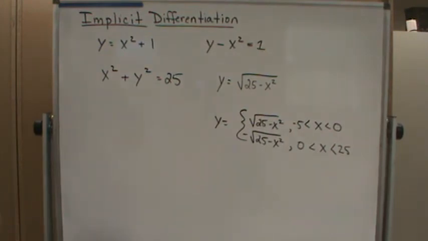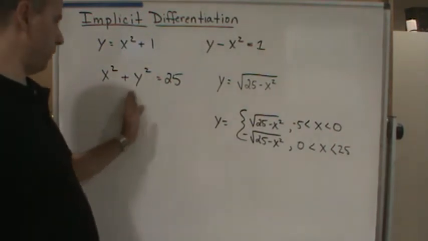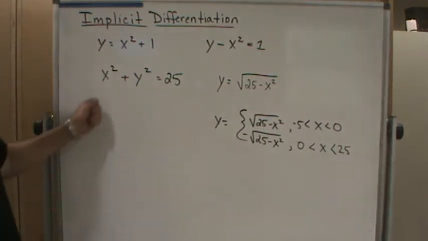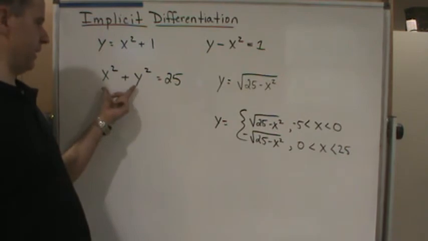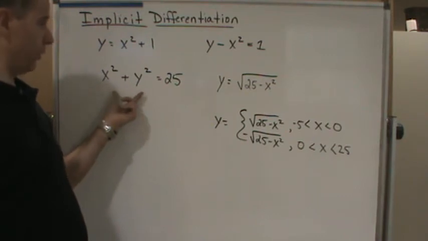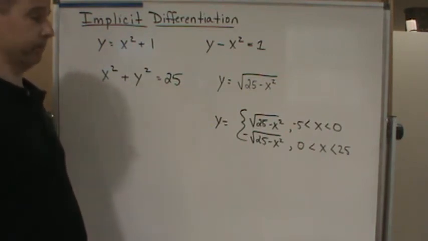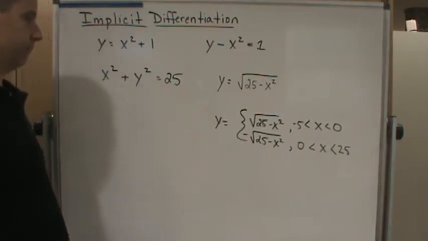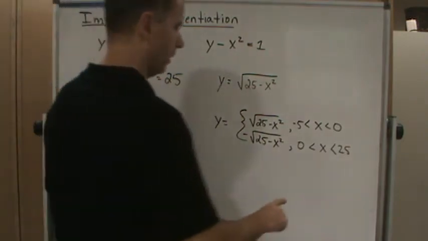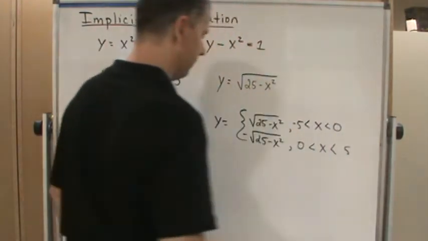Again, we could define many different functions from this, because this is not a function; this is the equation of a circle with a radius of 5. Oh, actually, that should be 5, not 25.